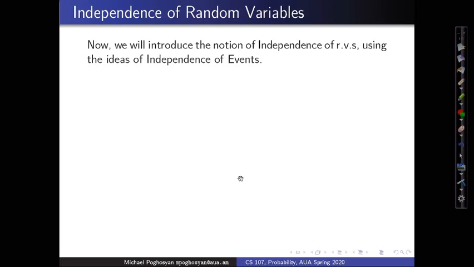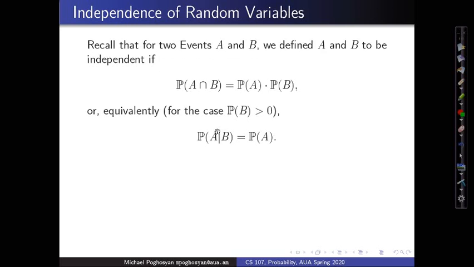Now we want to formalize that notion of independence. And we will give the definition by using the ideas of independence of events. In the first part of our course, we considered the notion of independence of events. So just to recall, let me give the definition.